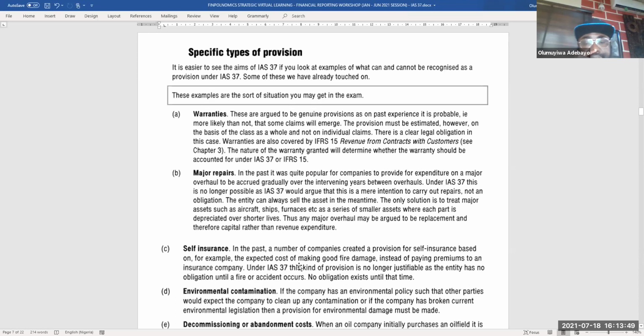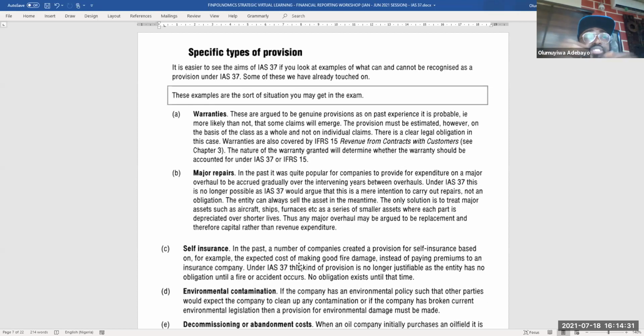2, major repairs. As you have seen, because you are committed to major repairs does not mean you provide for it, because there's no obligation to do so. Why? 1, if the time comes, other circumstances might make you shift that commitment. 2, technology might have changed such that these assets may no longer be required. Or 3, your business may no longer be supported by such an asset, and therefore the repair is no longer necessary. 4, the asset might actually be disposed of and be replaced with a new one.